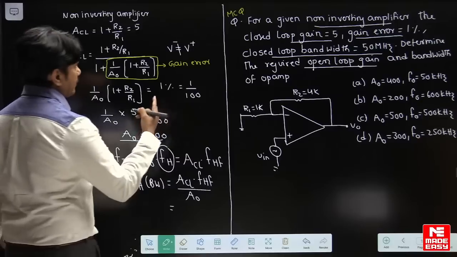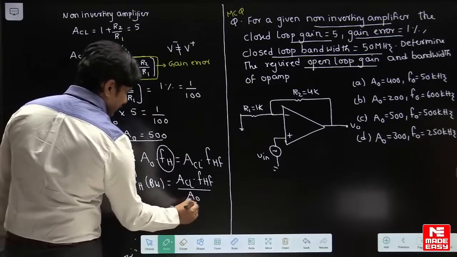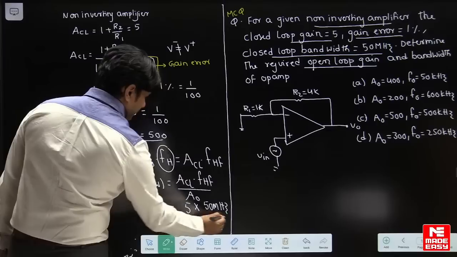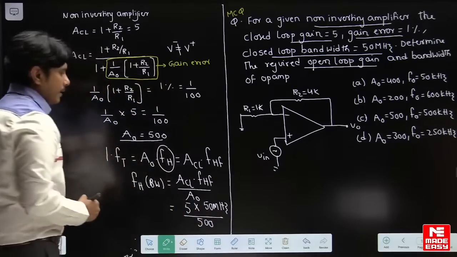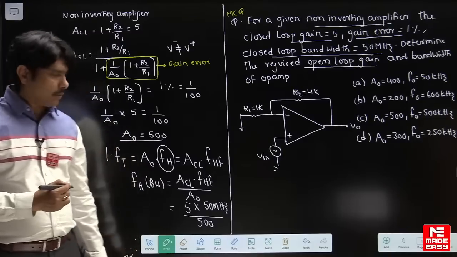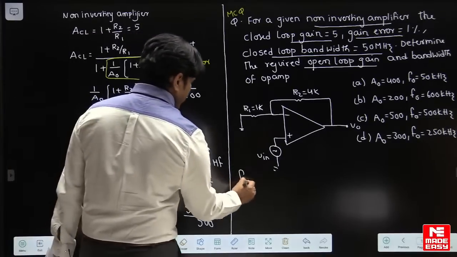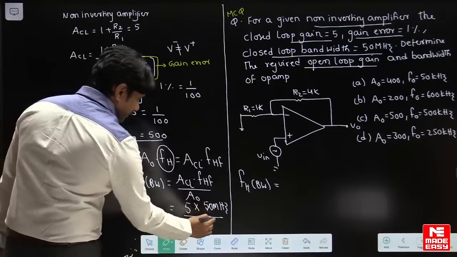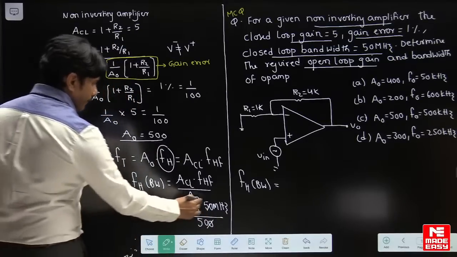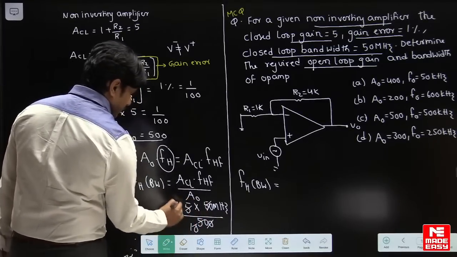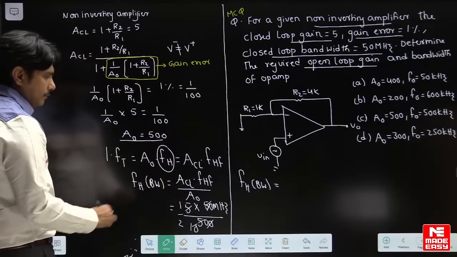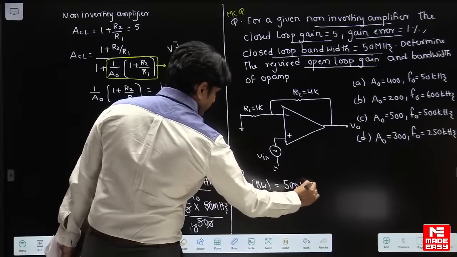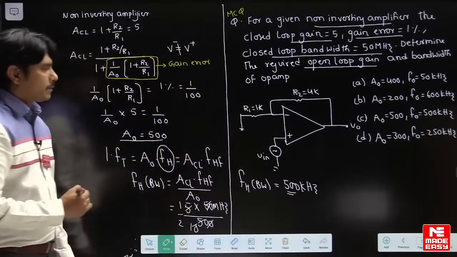Closed loop gain is 5, into bandwidth of 50 megahertz, divided by A naught, which we got as 500. Solving this, we get the open loop bandwidth as 1 by 2, that is 0.5 megahertz. So it can be written as 500 kilohertz. You can expect this to be the answer.